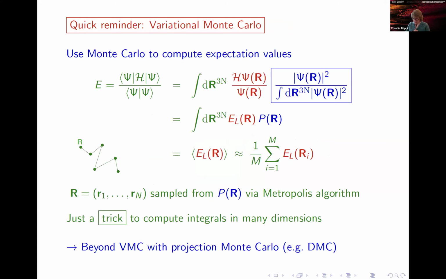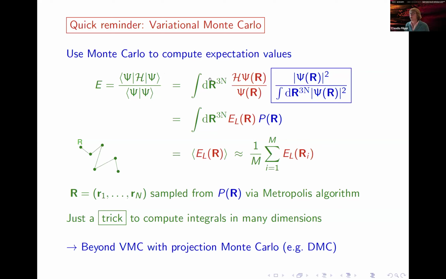Now somebody asked for some information about Quantum Monte Carlo, so I will very quickly go through the simplest flavor of real space Quantum Monte Carlo, which is variational Monte Carlo. Essentially we're just using Monte Carlo techniques to compute expectation values, to compute integrals. The energy is the expectation value of the Hamiltonian, and in real space you express the numerator and denominator as integrals.